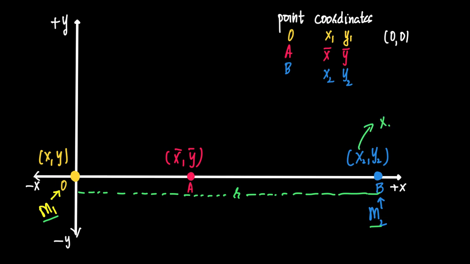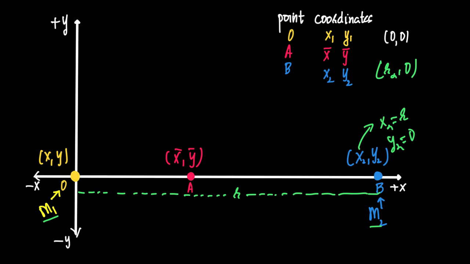Then x2 should be equal to r, right? What is y2 then? y2 is the y coordinate of this point. This point B is on the x-axis. For any point on the x-axis, the y coordinate will be equal to 0. Therefore, y2 should be equal to 0, which means these coordinates become r comma 0.